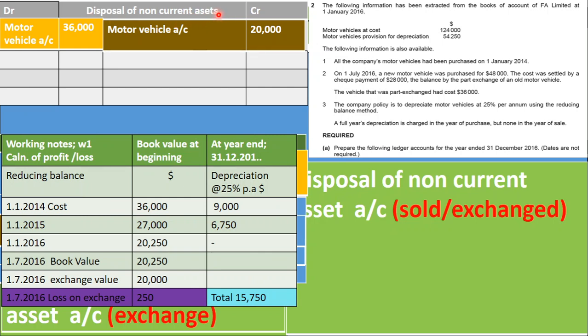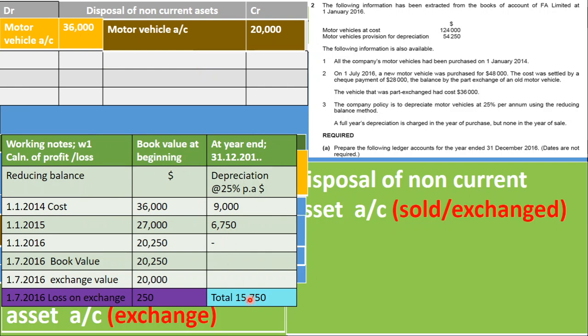Now in disposal of non-current asset, it is very simple. All you need to remember is in the debit side, we record the original cost of the motor vehicle that was exchanged. In the credit side, all reasons for deduction, like this exchange is being reduced. Now you will have to record your depreciation because depreciation also reduces the value of motor vehicle.